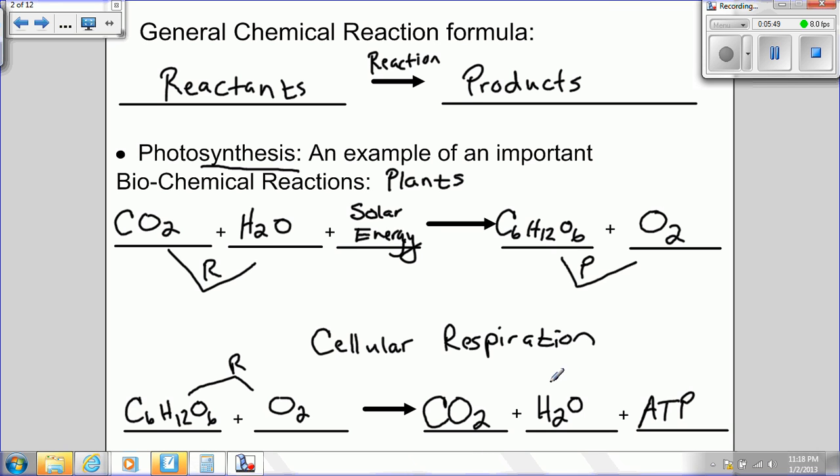However, the important thing that you guys need to realize is that these chemical reactions both have similar characteristics. In both, your reactants undergo a chemical reaction to create completely new products. Okay? And that's what we're going to be talking about for the rest of the day.